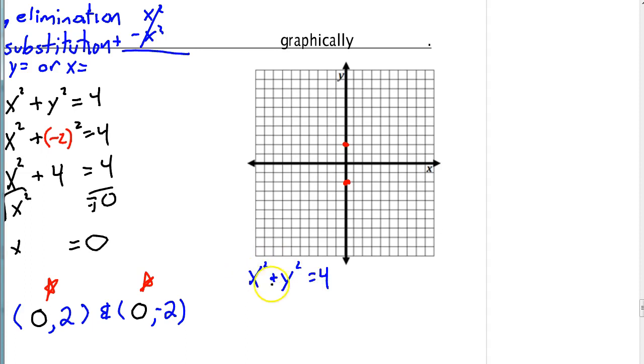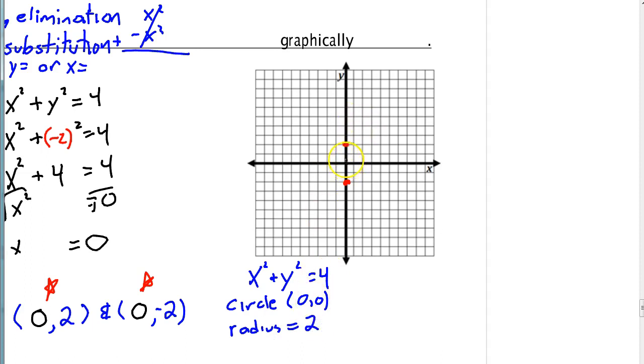Right. And we need to know that this is a circle. You can tell because both variables are squared, we're adding, and these coefficients are the same. And it's going to be a circle that has a center of 0, 0, right? We don't have any pluses or minuses with these x's, and the radius is going to equal the square root of 4, which is 2.